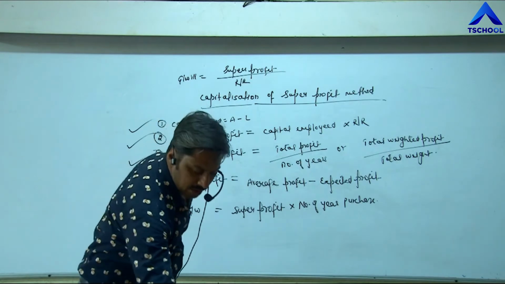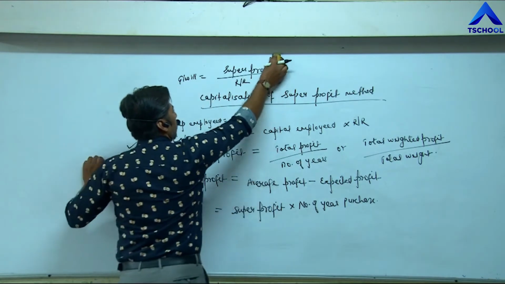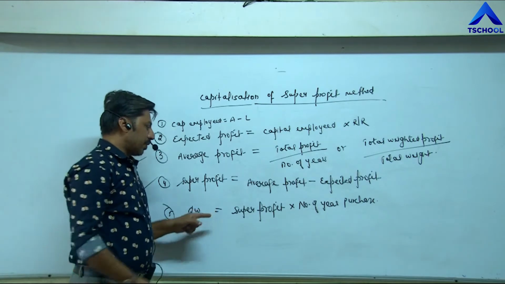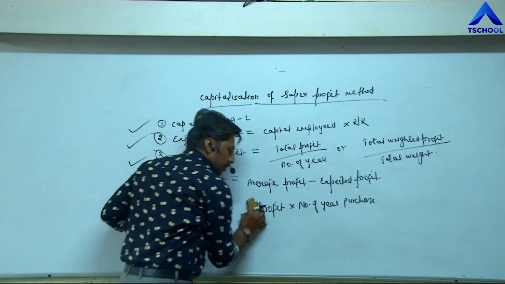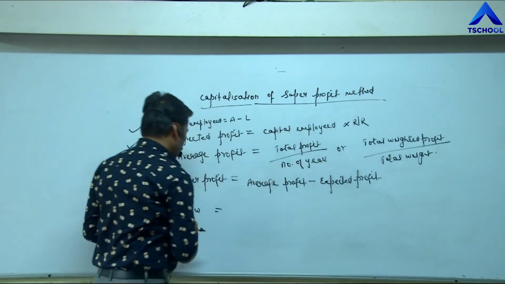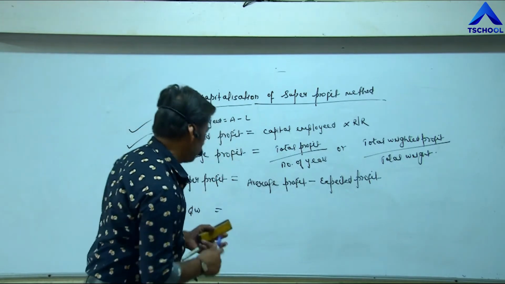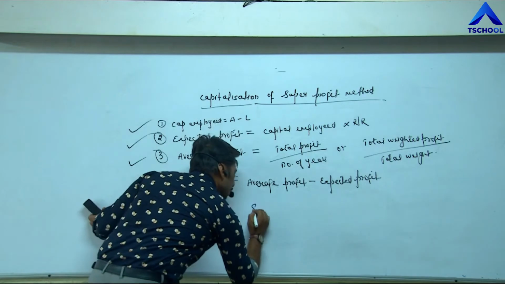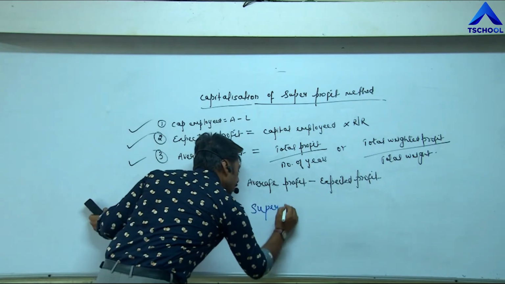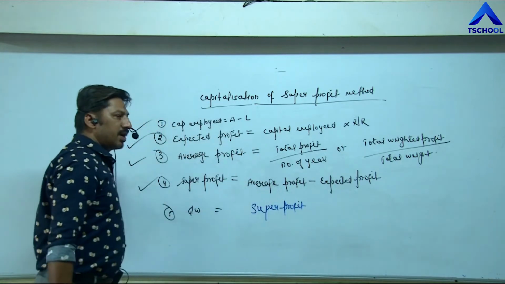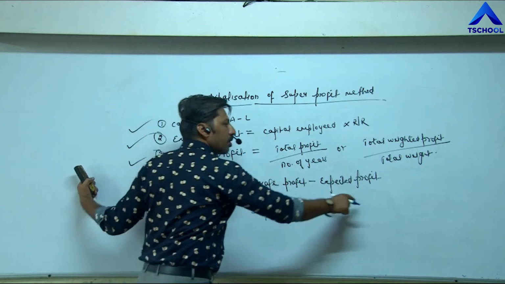So here I am writing once again the formula. Only last step you have to change. Goodwill is equal to super profit. In simple super profit, we write super profit into number of year purchase.